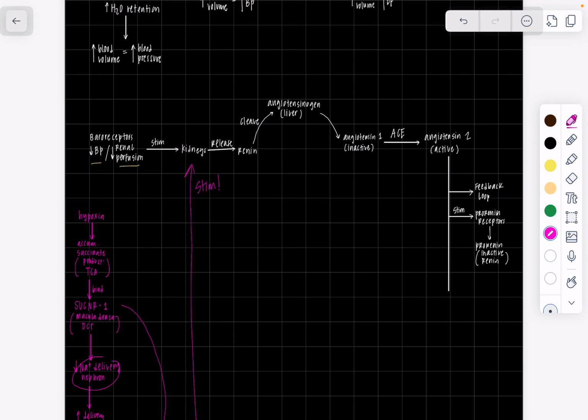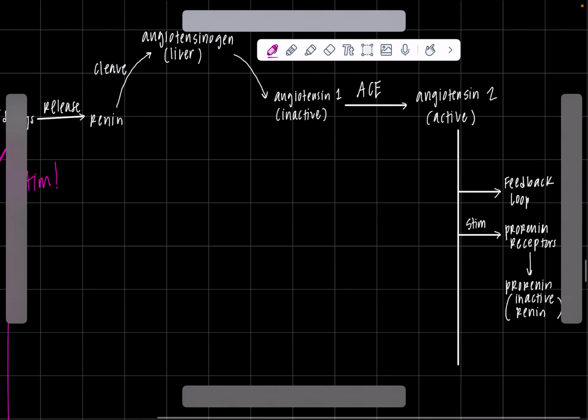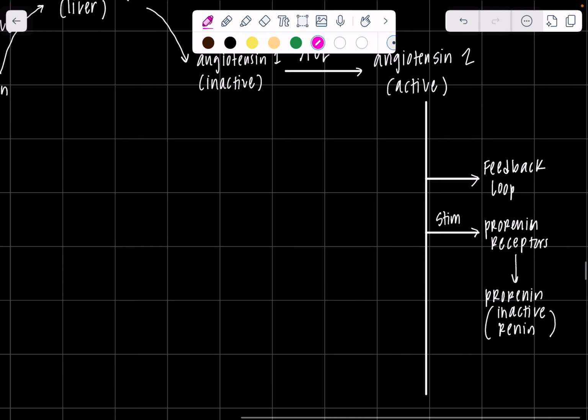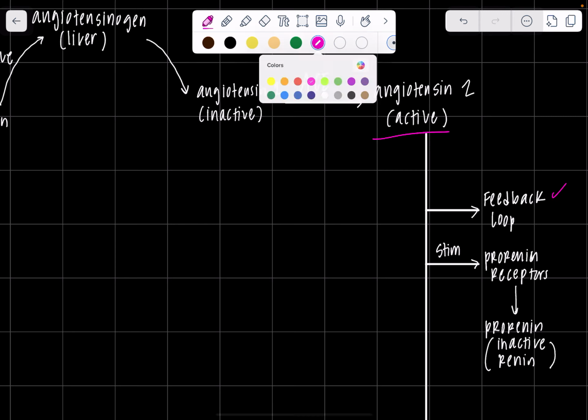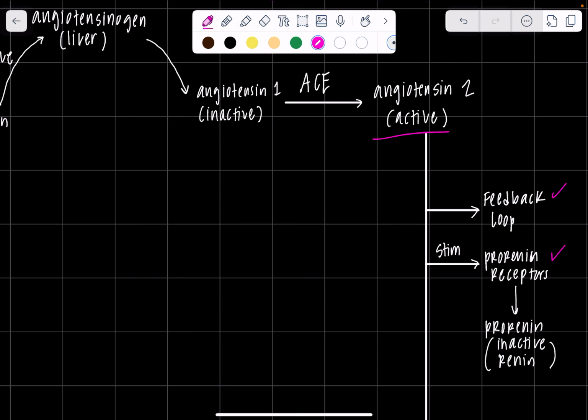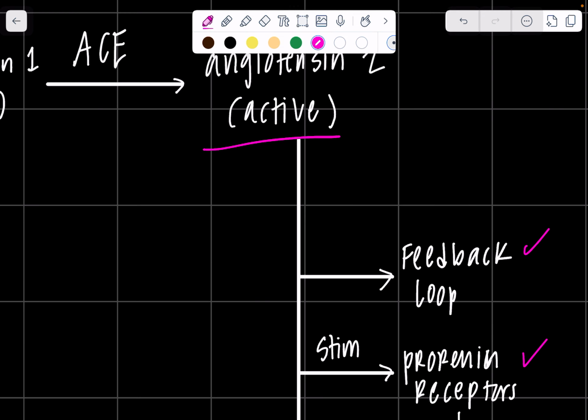What I want to do is draw our attention over to angiotensin 2. So remember previously we talked about how angiotensin 2 can help with the feedback loop. It can stimulate our prorenin. It can stimulate organs.